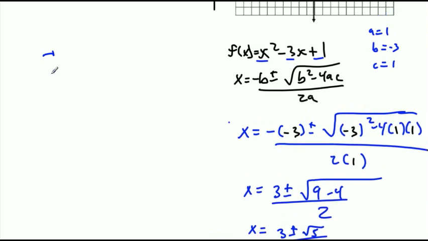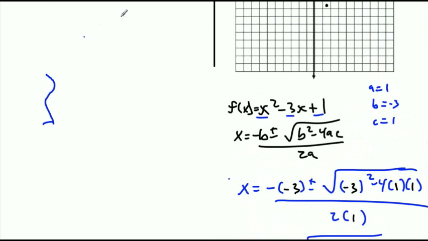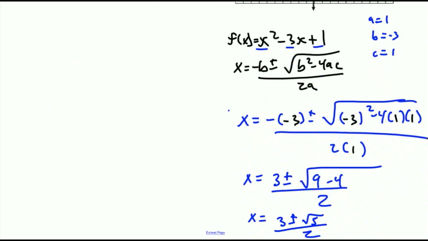If I did the first one right here, 3 plus radical 5 over 2, that's approximately 2.62.